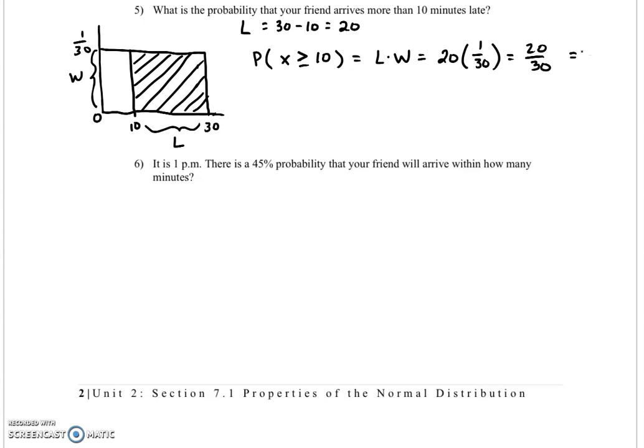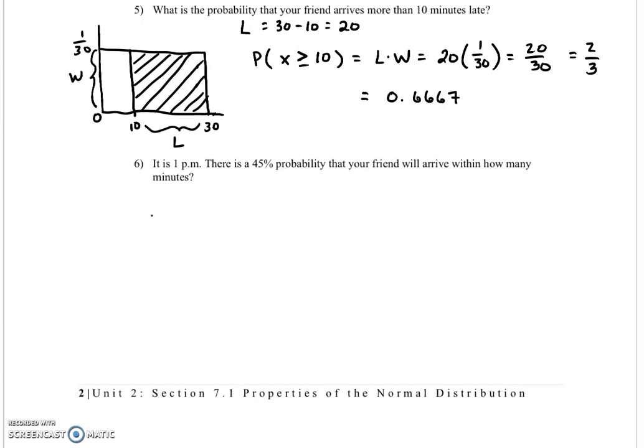And you can just put this in your calculator, or 0.6667. Okay.